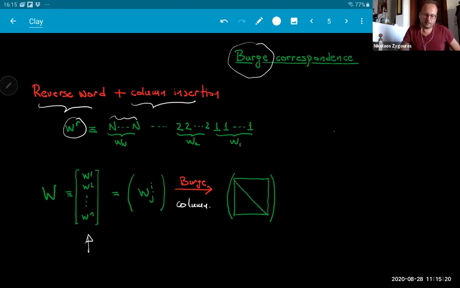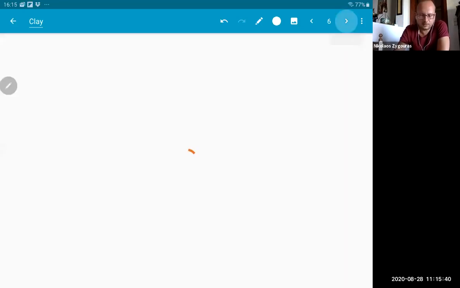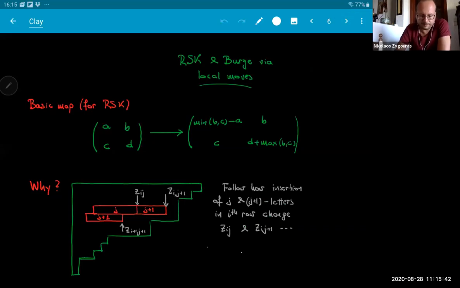And then I get a matrix which is stitched together of two Gelfand-Tsetlin patterns, and this is the Burge correspondence. RSK has been quite popular in integrable probability, but the Burge correspondence has been used a bit less.